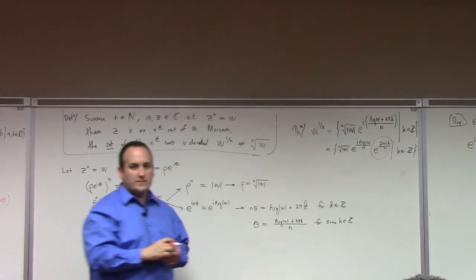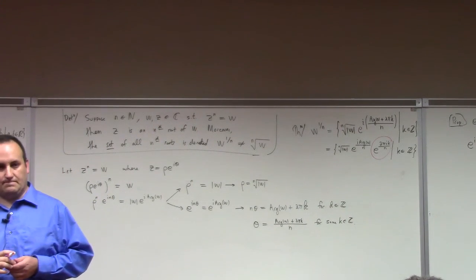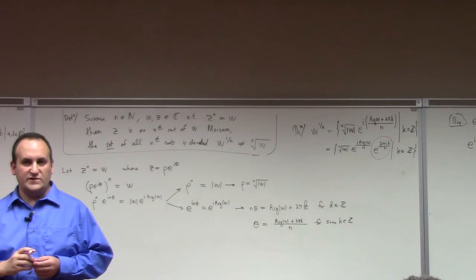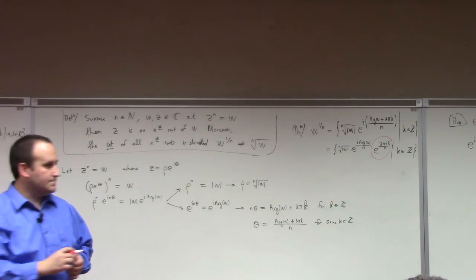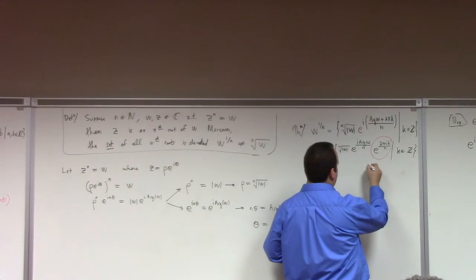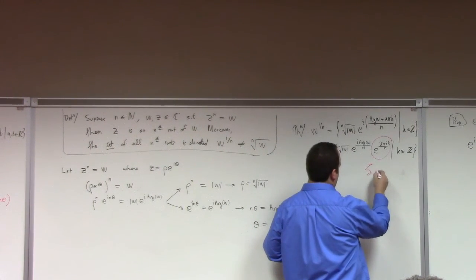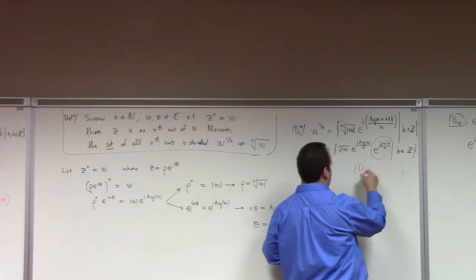This is what's known as an nth root of unity. What's unity? 1. Good. So if I call this thing, I guess I'll call it omega sub n. If you raise that to the nth power, what happens?